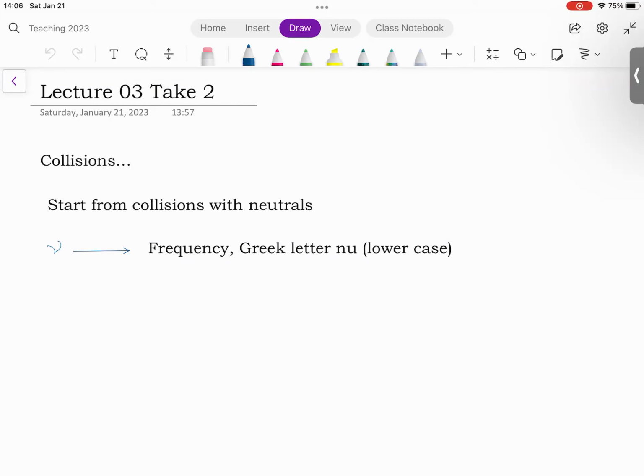But that's a frequency, so of course it has the dimensions of a frequency, which, as you very well know, is the inverse of the dimensions of time, where by t here I indicate time.